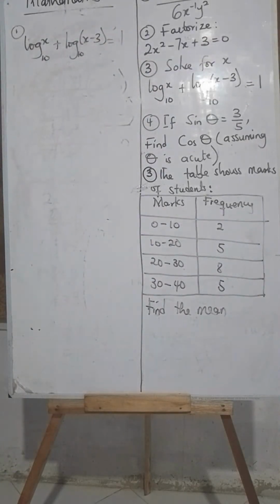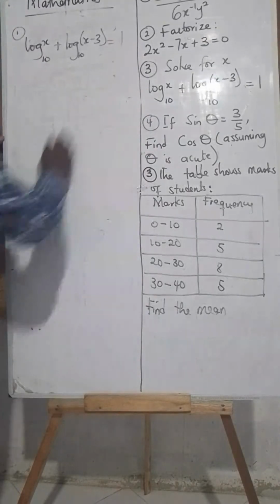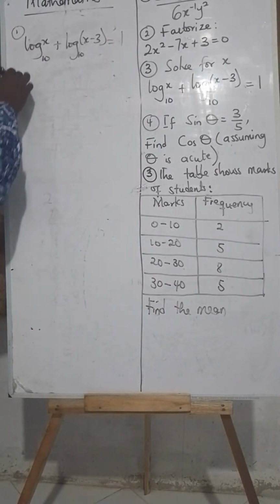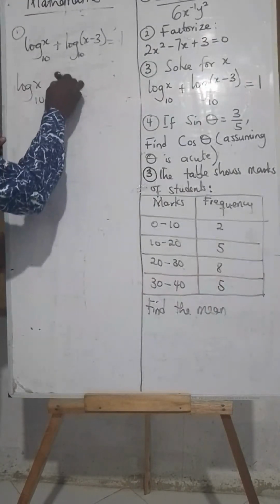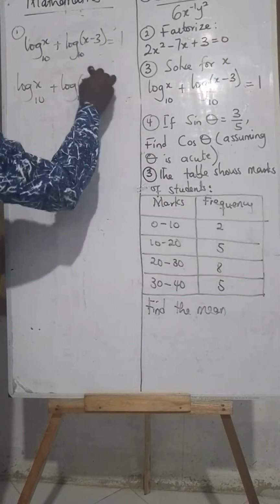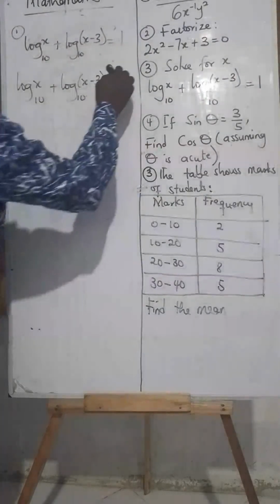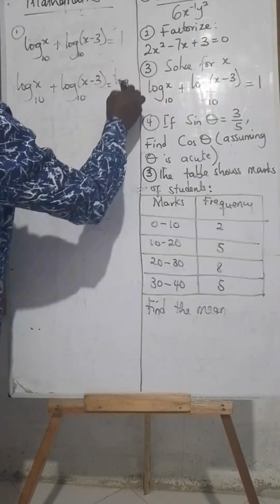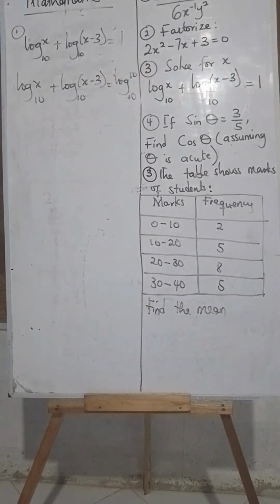Right. Equals 1. So we do this: the log base 10 of x plus the log base 10 of x minus 3. Now you can write the 1 in terms of logarithm as log base 10 and what? Log 10 base 10. Good.